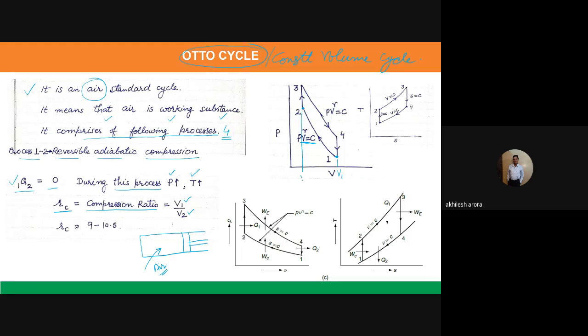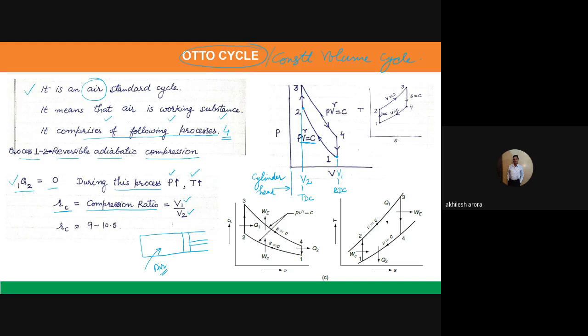If I correlate it to the geometry of the engine, then this point can be considered as the cylinder head. This location I will call TDC, and this location I will call BDC.